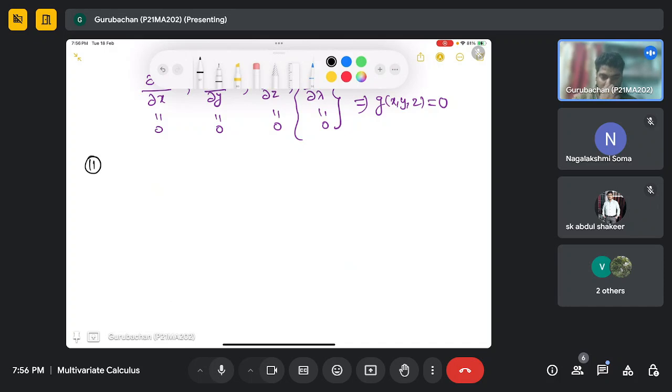So let me give you one question. Trace the polar curve r is equal to a(1 plus cos theta), where a is positive.